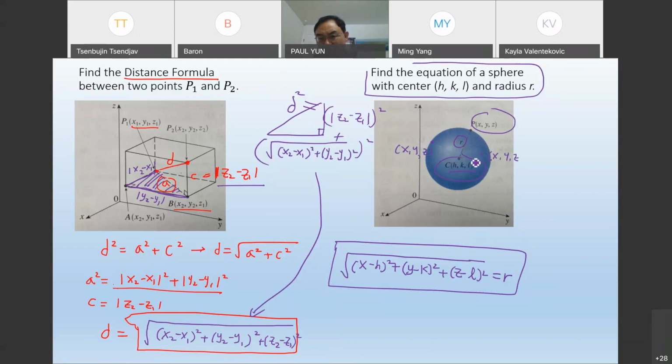Their distance from the center to that point is always r. Collect all the points satisfying this equation and they make the sphere. So you square both sides. Instead of just memorizing, you think about why this is true.